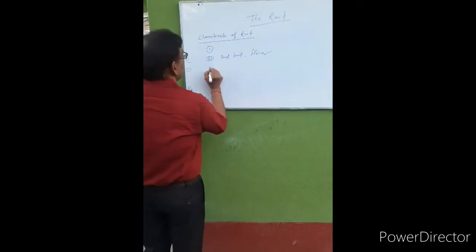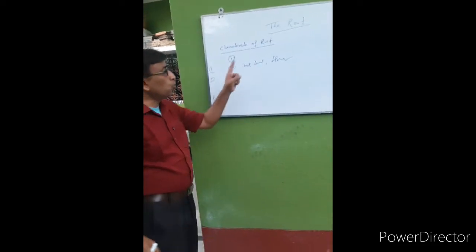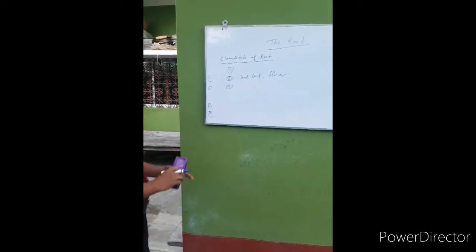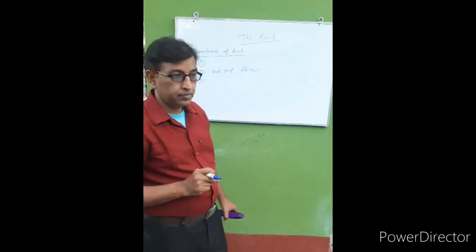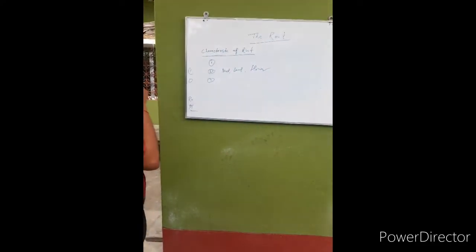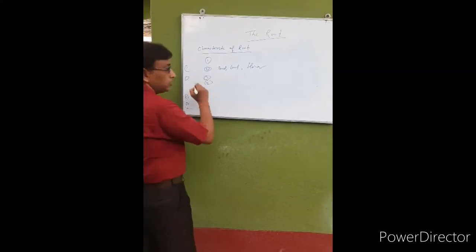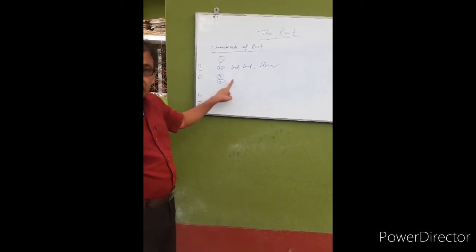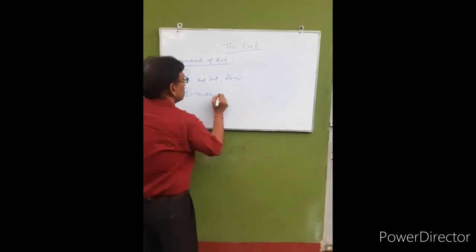Third point, the root is helpful in formation of the descending organ of the plant. Fourth, the root doesn't contain nodes and internodes.